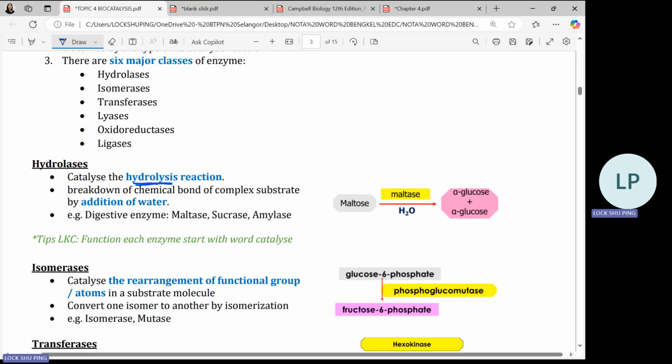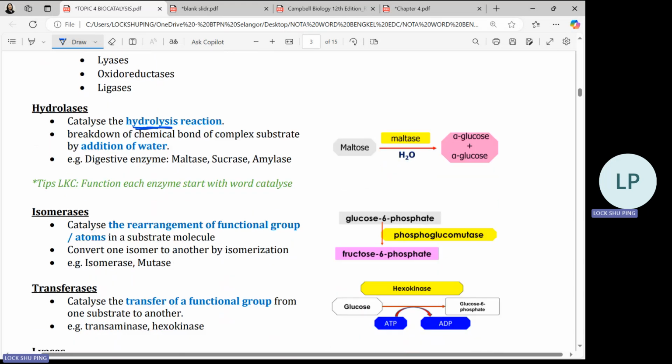They are maltase, which breaks down maltose, sucrase, which breaks down sucrose, and amylase, which breaks down carbohydrates or starch. These are examples of enzymes categorized in hydrolase.